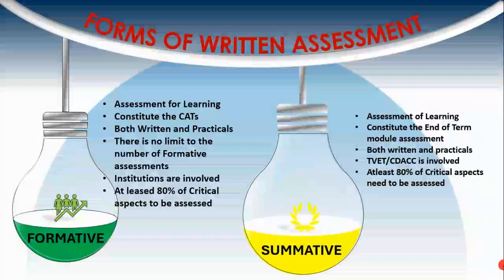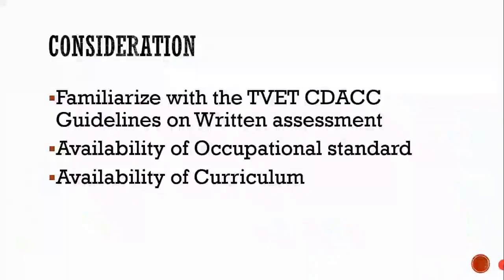And if by chance you ask, what about the 20%? You need to give reasons why they were not assessed. So we're going to look at that when we develop summative exams. So basically, these are the two forms of written assessments.